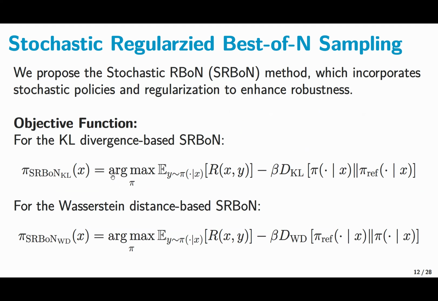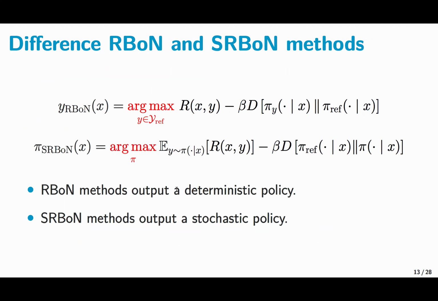So the optimal output is a stochastic policy, like a probability. The difference between the proposed method and the prior methods, as mentioned earlier, is deterministic versus stochastic. I'm going to explain the effect of relaxing the constraint.